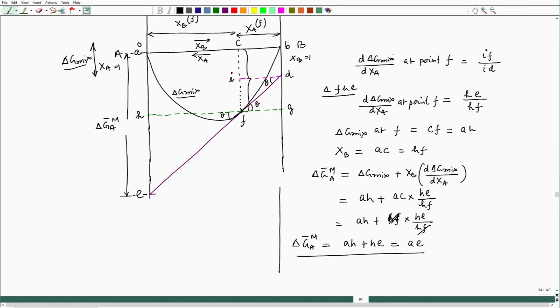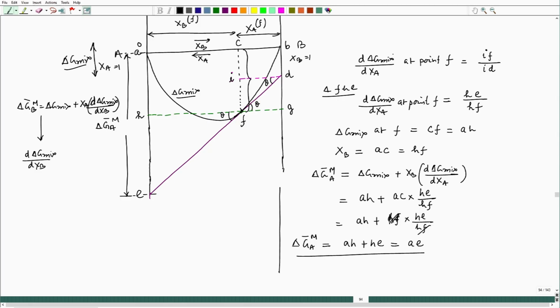If we try to find delta G B bar M equal to delta G mix plus x A times delta G mix by delta x B.